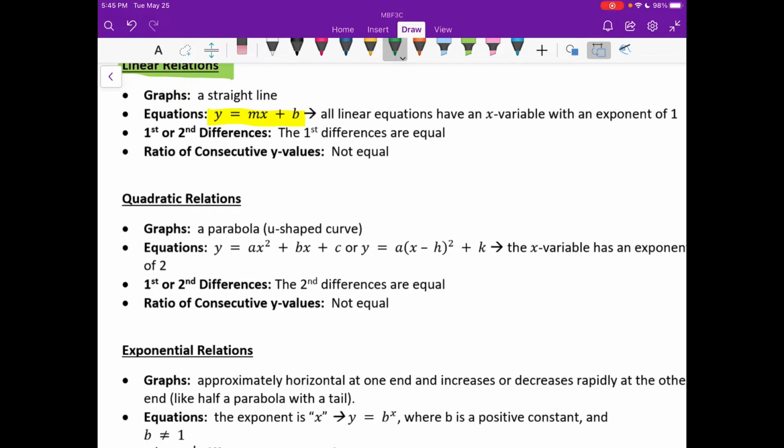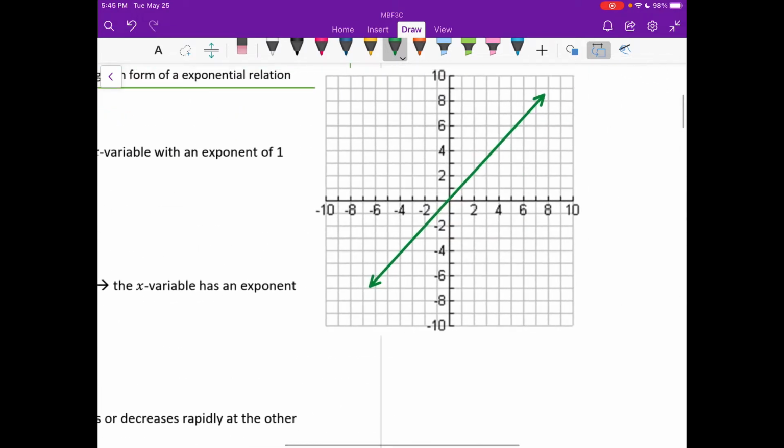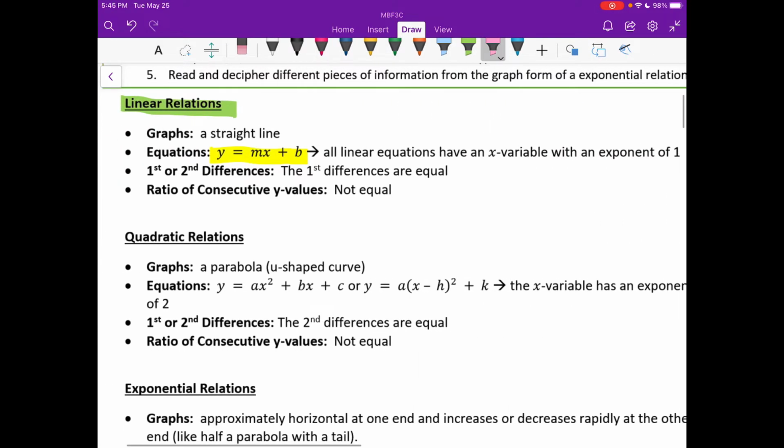Then we moved on and learned about quadratic equations, whose graphs look like a parabola or a U-shaped curve. They look something like this, and I'm just going to draw it in. Our parabola looks something like that. I'm going to highlight this here in pink.